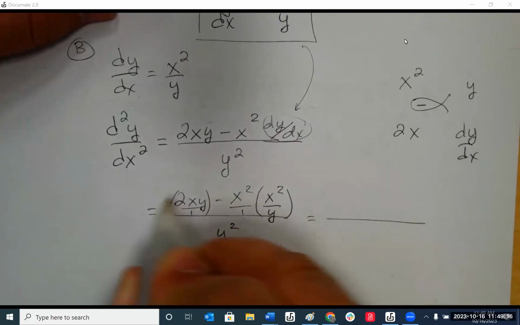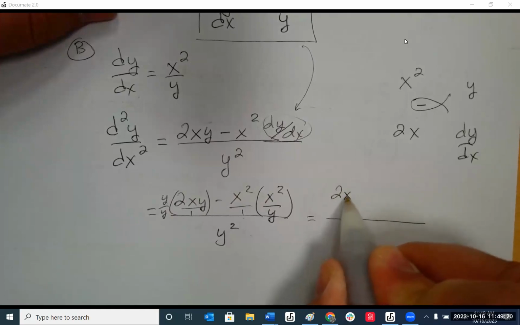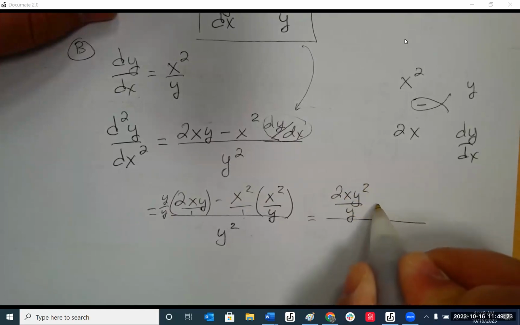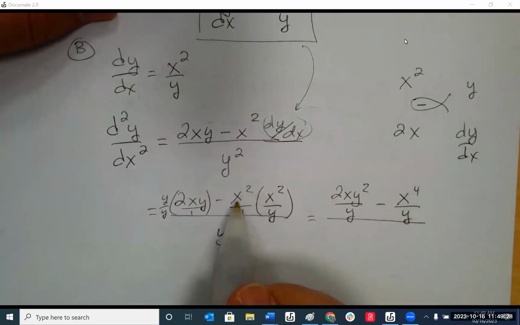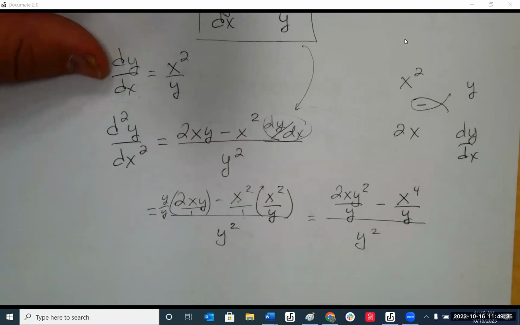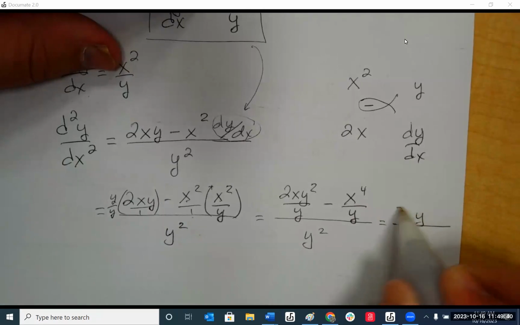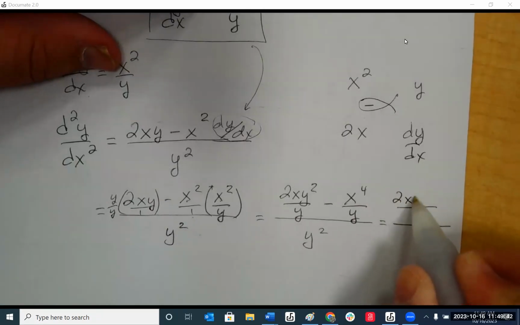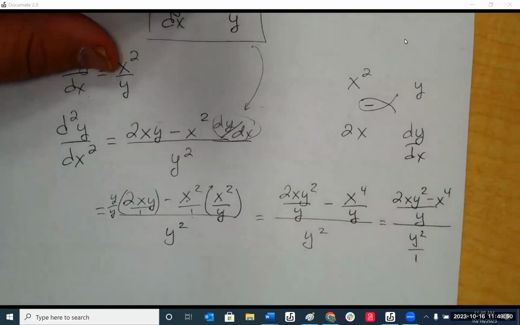So in this first one, we need to multiply by y over y. x squared times x squared is x to the fourth. You add the exponents. All over y squared. So it's 2xy squared minus x to the fourth over y, all that over y squared over 1.